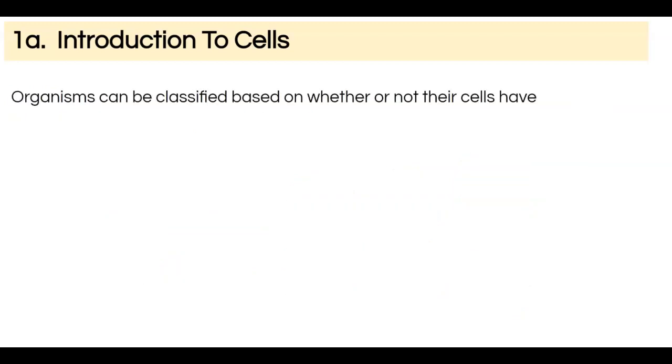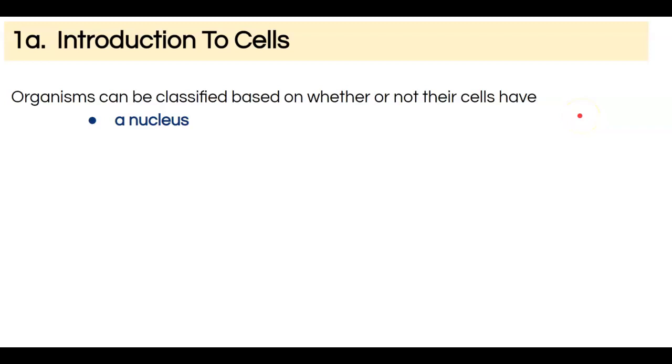Now I want to talk to you about another way that we classify organisms. We looked at unicellular and multicellular organisms, but we can also classify cells based on whether or not they have a couple of structures.